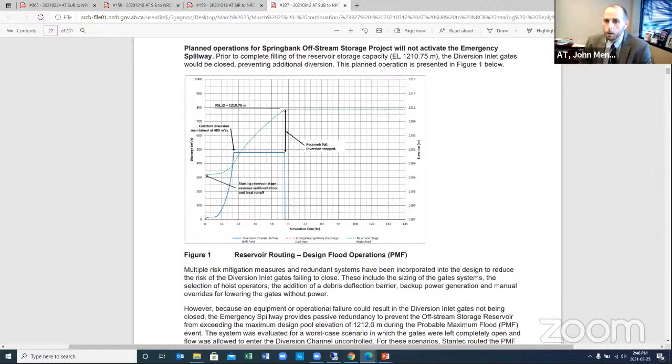And then at about simulation hour 55 or so, the reservoir is full and the gates are closed. The rest of the flow that's in the river continues downstream. So basically 55 hours in the event of a PMF, reservoir is full. That's correct. Okay.